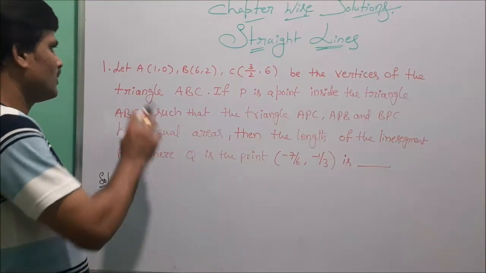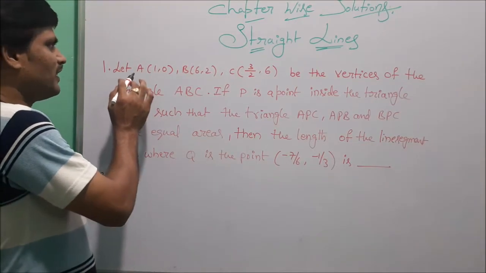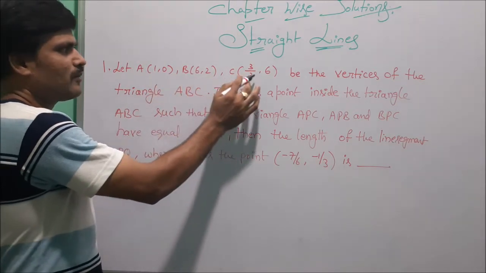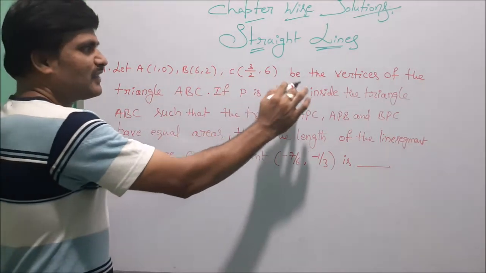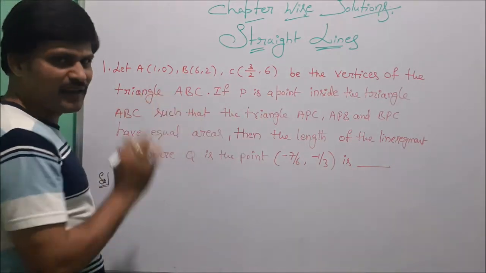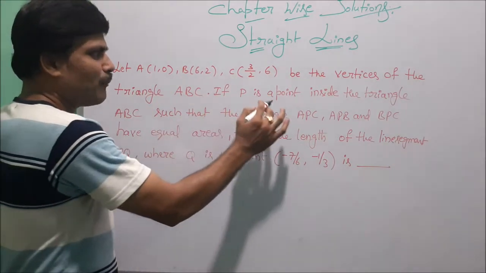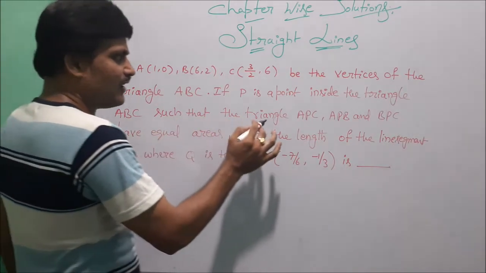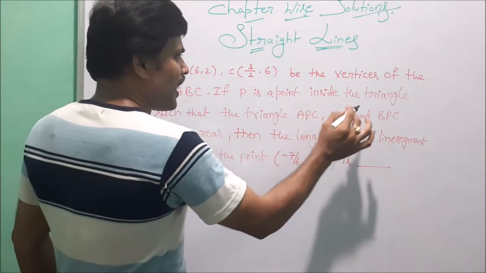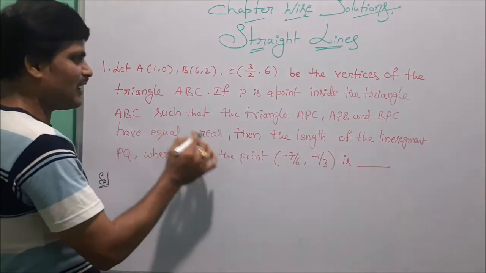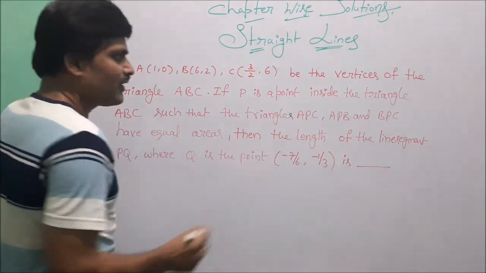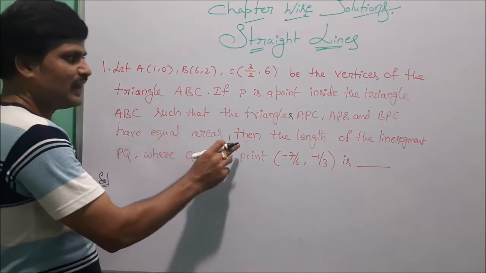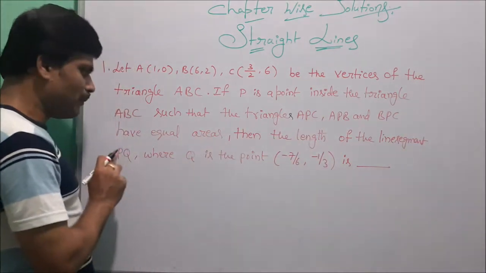Okay. Now the first question is: let A(1, 0), B(6, 2), C(3/2, 6) be the 3 vertices of the triangle ABC. If P is a point inside the triangle ABC such that the triangles APC, APB and BPC have equal areas, then find the length of the line segment PQ.